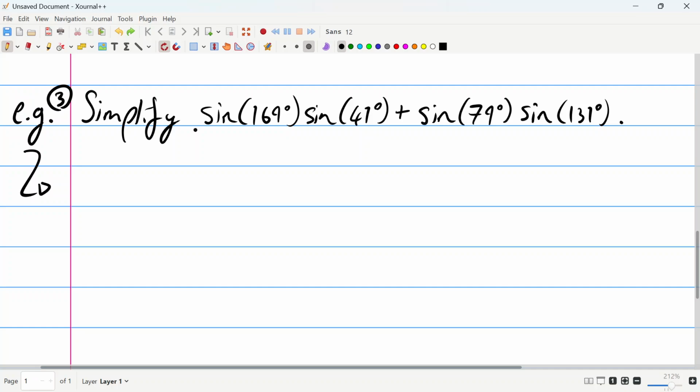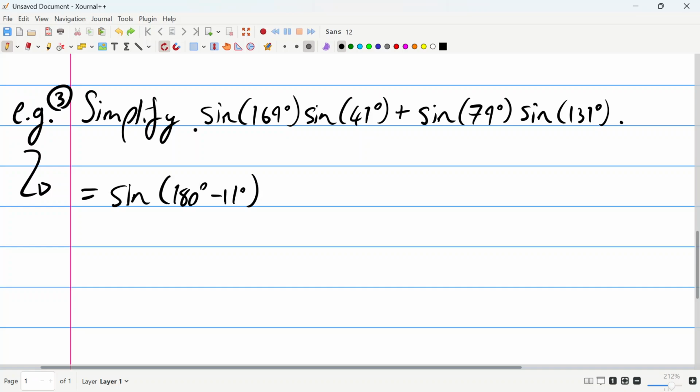Okay, so for this one over here, we notice that sine of 169, notice that 169 can be reduced to 180 degrees. What do we do with 180 degrees to get 169? Well, we minus 11, right? Remember that we need a reducing angle so that we can just find an excuse to get rid of it and then reduce it to this angle.